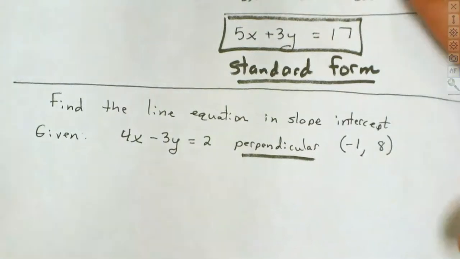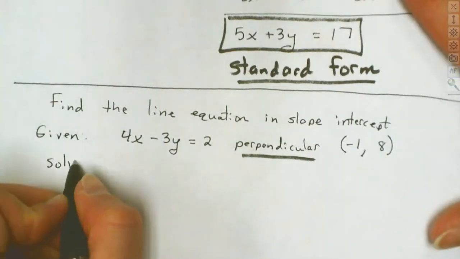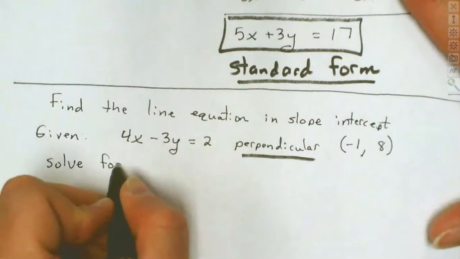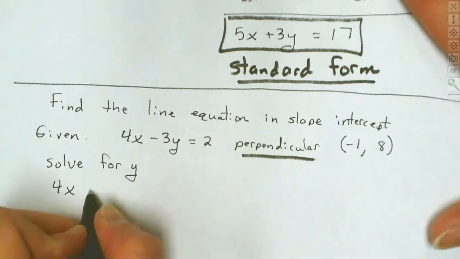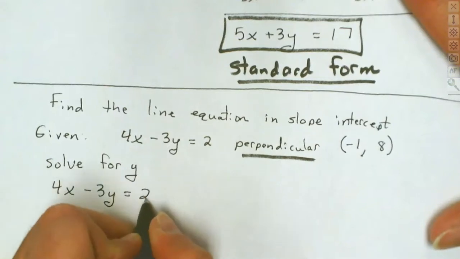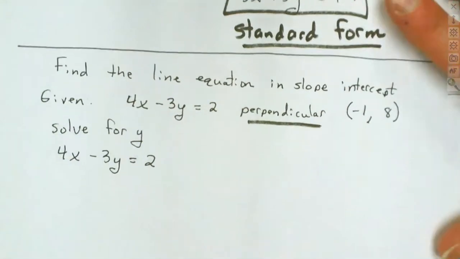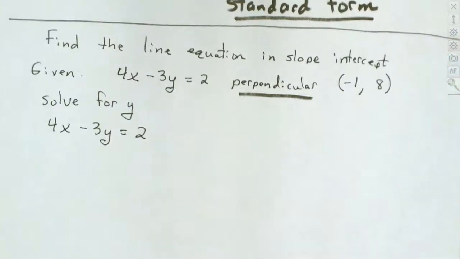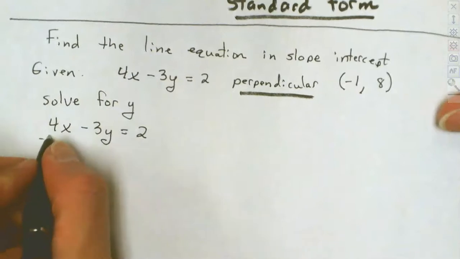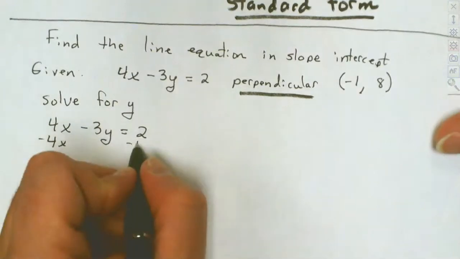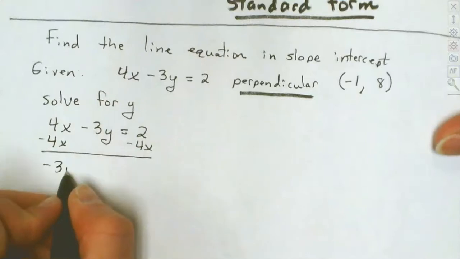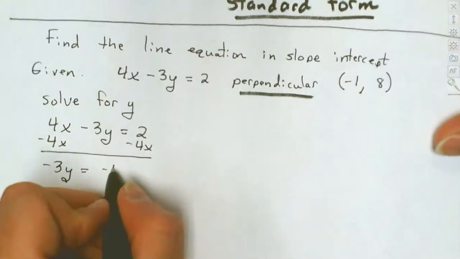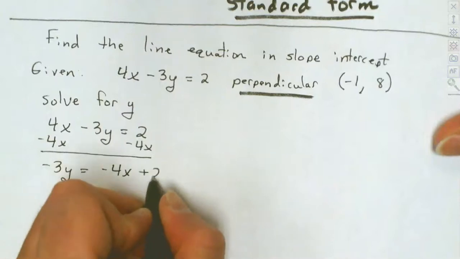So what's the first thing we do? We take that equation and we solve it for y. So 4x minus 3y equals 2. And we need to take this equation right here, and we need to try and solve it for y. So move that 4x over. And then we've got a minus 3y equals a minus 4x plus 2.